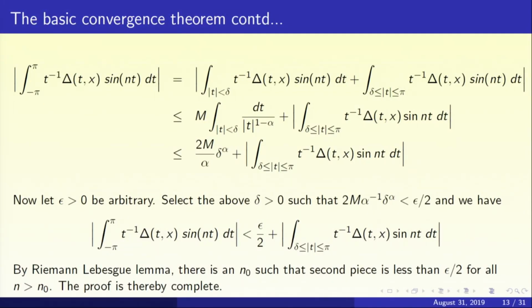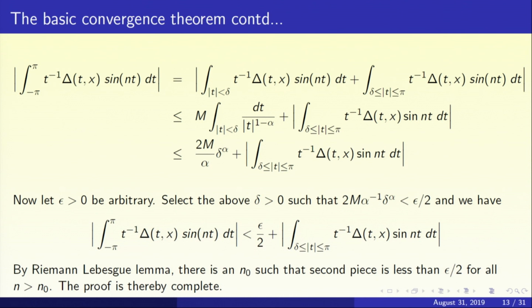So now let us write this integral, absolute value of the integral, mod of minus pi to pi t inverse delta of t comma x sine nt dt equal to the modulus of the two pieces, sum of the two pieces. Now use triangle inequality. Less than or equal to capital M times integral dt by t to the power 1 minus alpha.